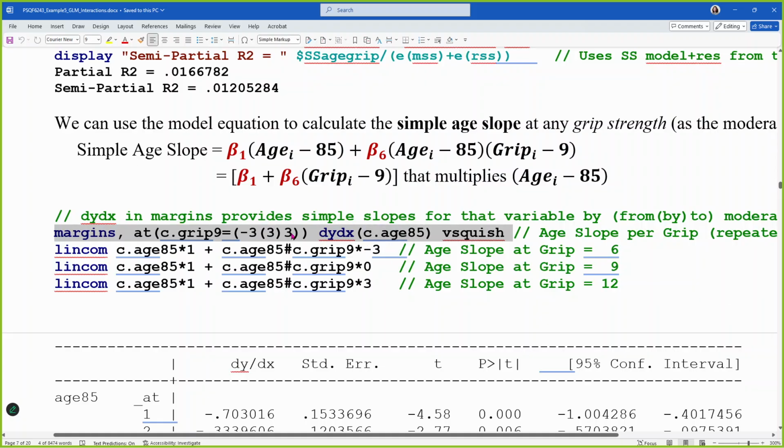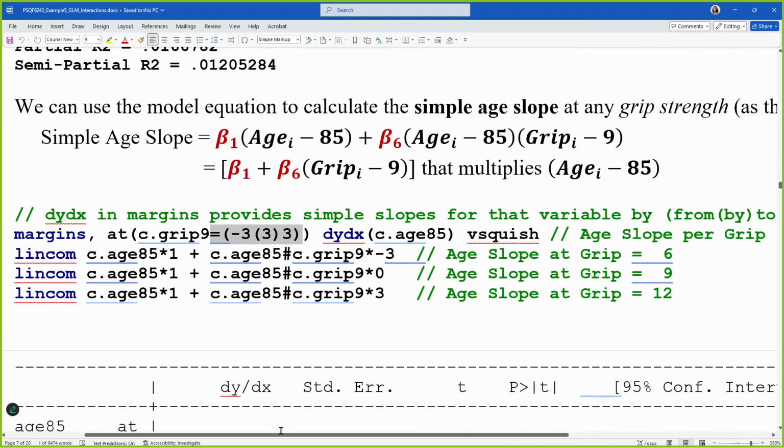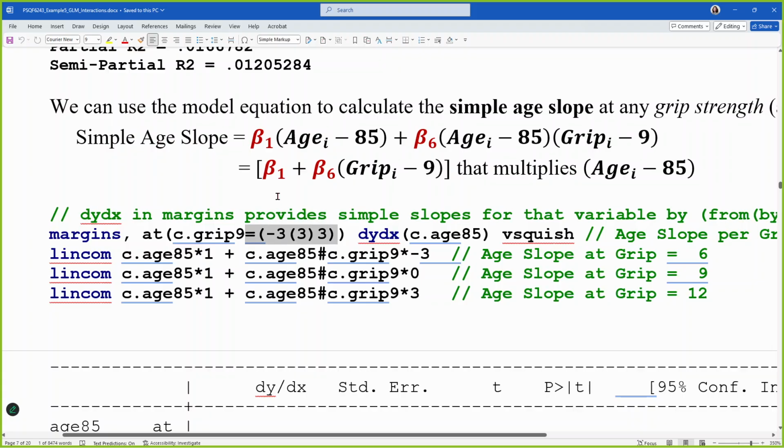And actually, this command could generate thousands of lines of code if you wanted, because it's rolling through a list. So what's happening here? This is a command called margins in Stata, which does like 8,000 different things. So there's not a one-size-fits-all to this. But this use case says, for a range starting at -3 in increments of 3 up to 3.